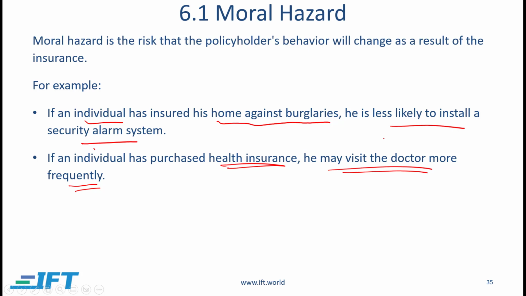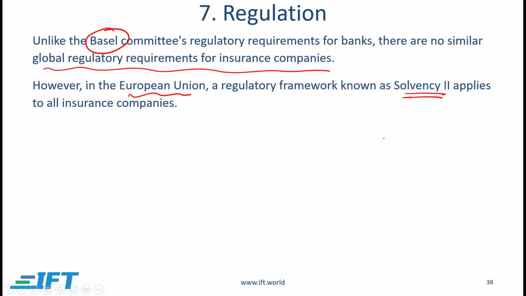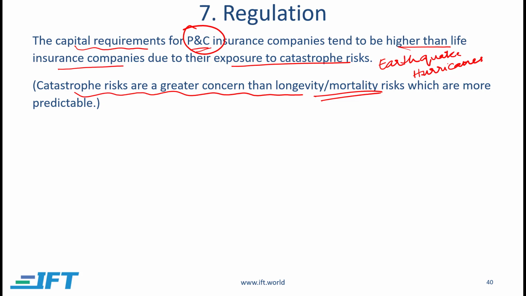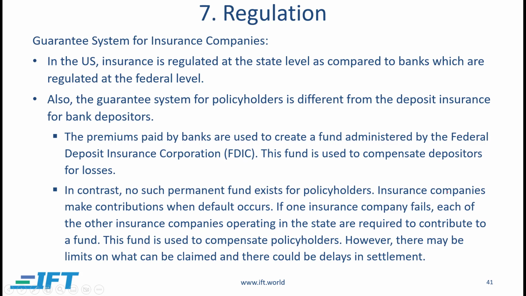So that's the problem with your P&C, that they have exposure to catastrophe risks such as earthquakes and hurricanes. Therefore, they need to have a higher capital, because catastrophe risks are a greater concern than longevity and mortality risks, which are more predictable. How about in the US?